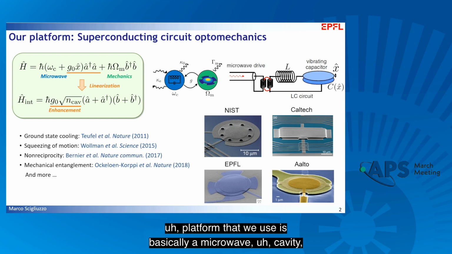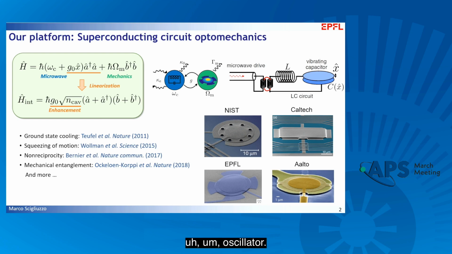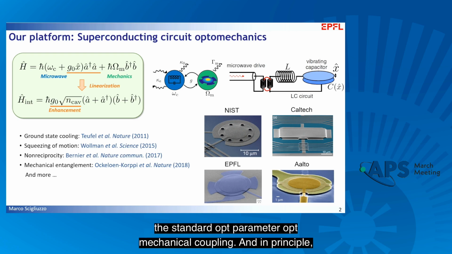platform that we use, which is basically a microwave cavity whose capacitance is modulated by a mechanical oscillator. And we can map this circuit directly into quantum optics language with the standard parametric optomechanical coupling.